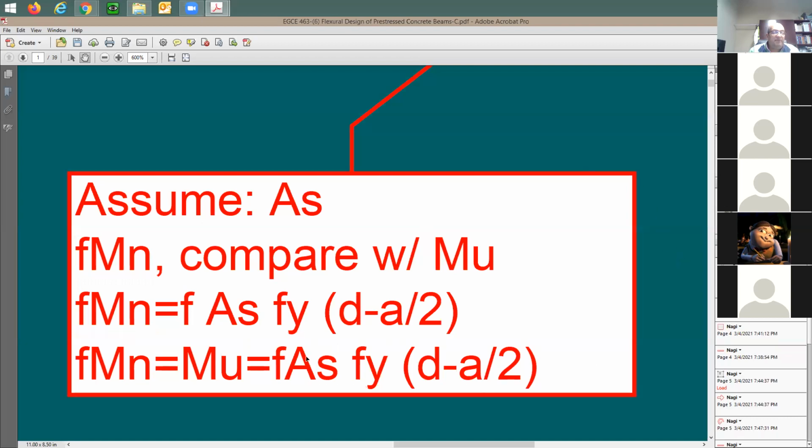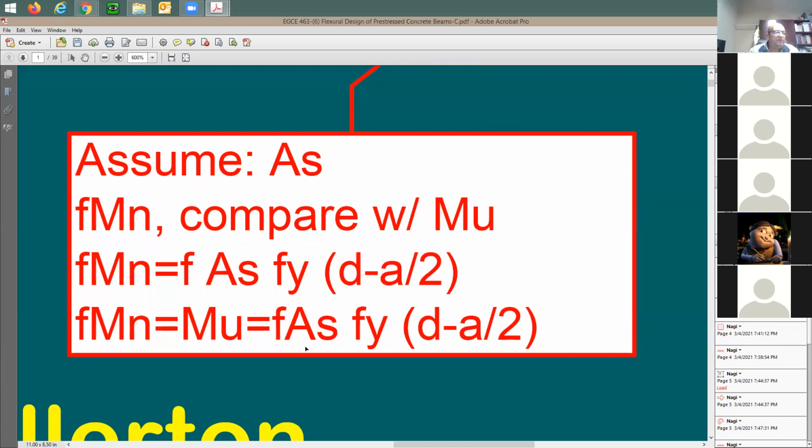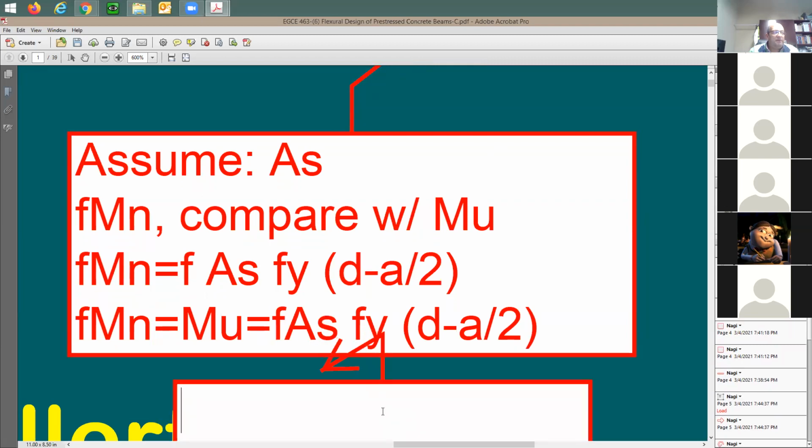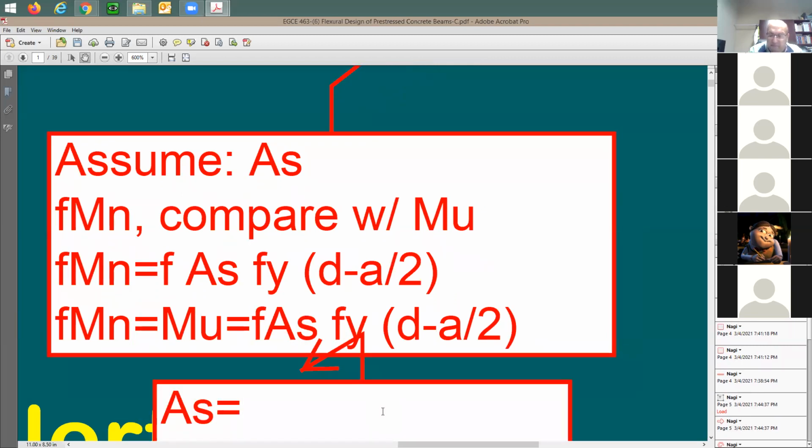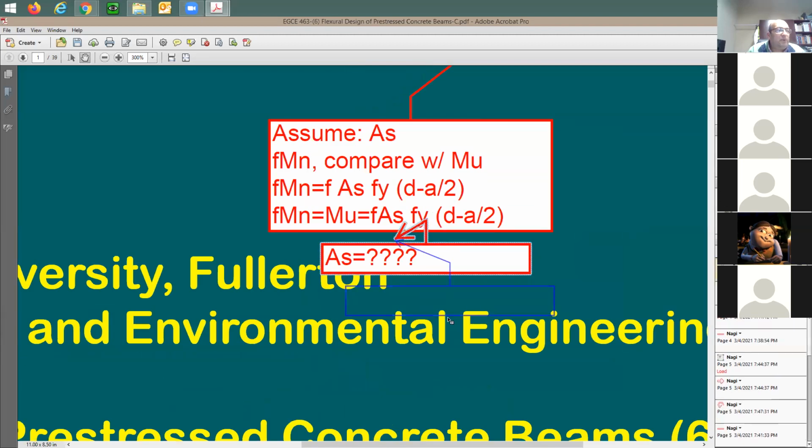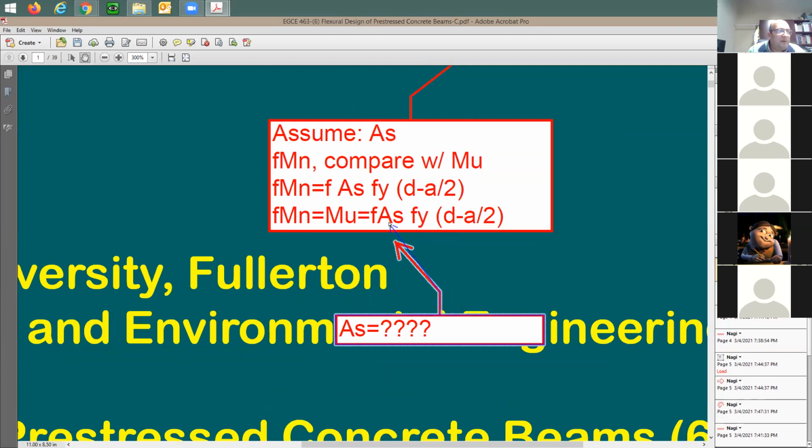So in this case, you don't have AS. AS is gonna be your unknown. I don't have this AS. So in this equation, the second way of solving this problem is to set phi Mn equal to M sub U. And once you do this, you can solve for this AS out of this equation.